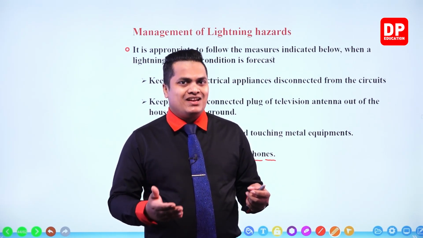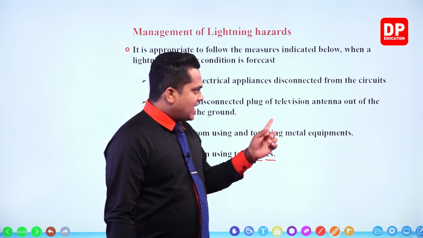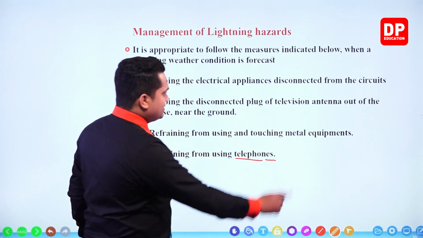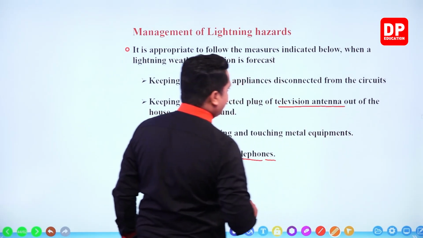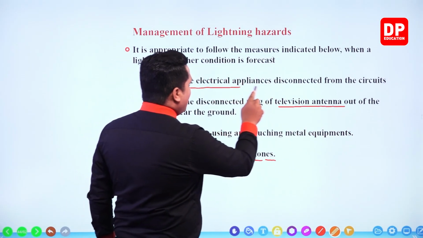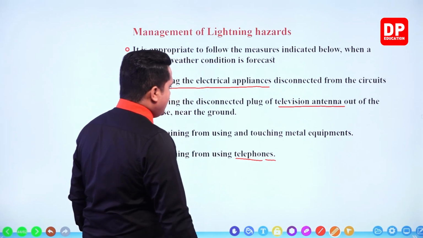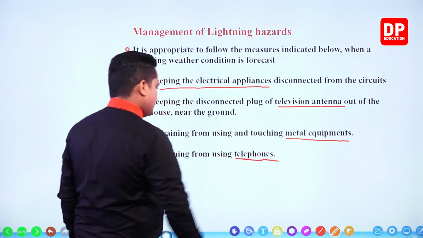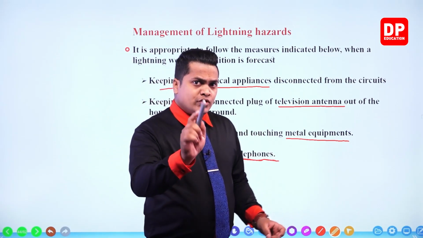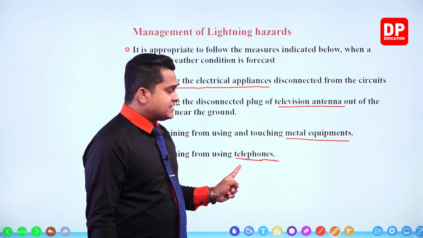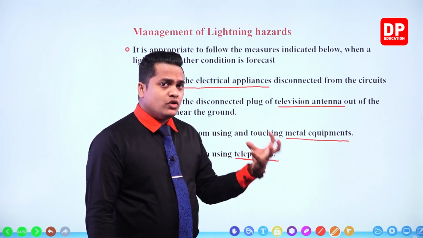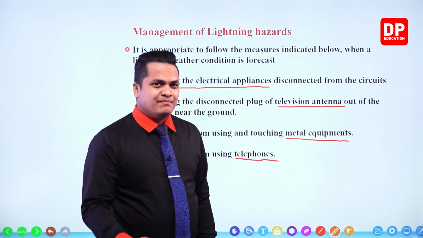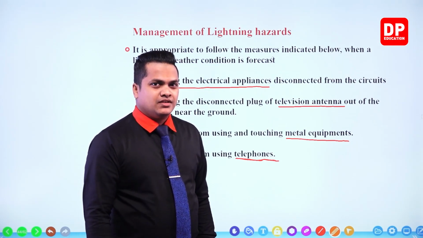As you can see here, in each of these cases, the television antenna, electrical appliances, metal equipments, wired telephones, you can observe a metallic object. In simple words, a conductor.